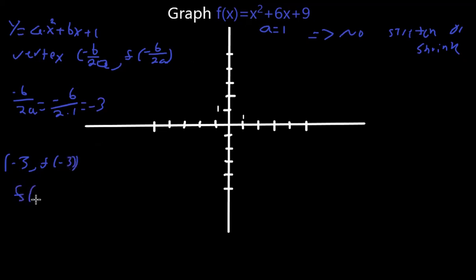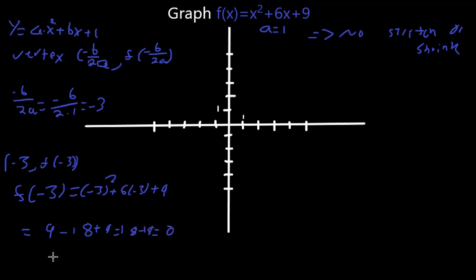So f of negative 3 is equal to negative 3 squared plus 6 times negative 3 plus 9, which will become 9 minus 18 plus 9, which is 18 minus 18, which equals 0. So that tells me my vertex is negative 3, 0, which is right here.